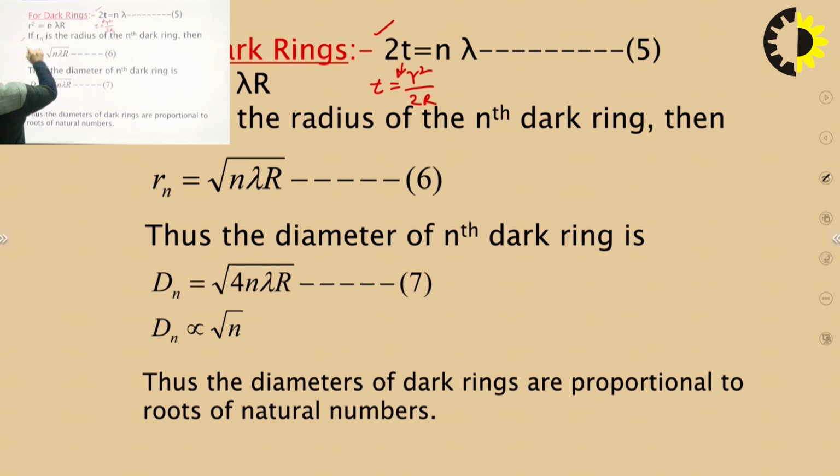So the expression for the nth dark ring, rn, will be root of n lambda R. Now to find the diameter again, what we will do?